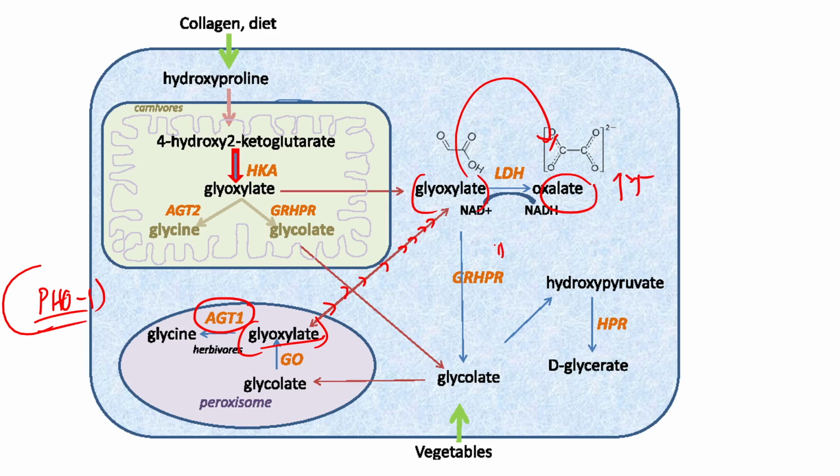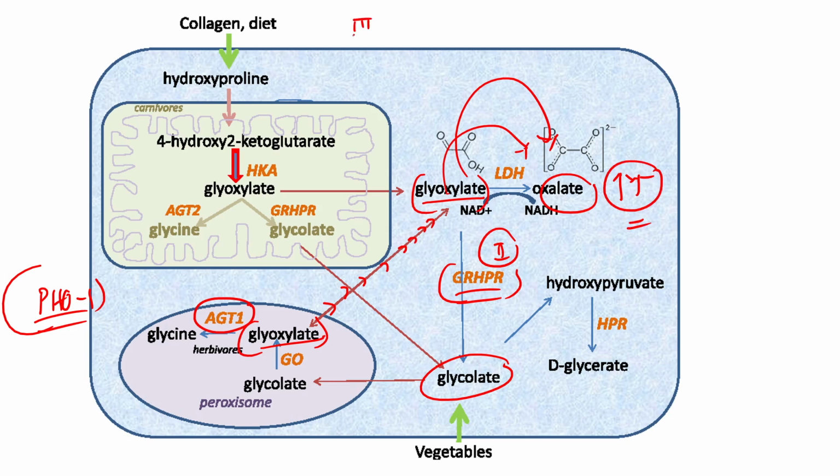Now, type 2 hyperoxaluria means this enzyme is deficient. It is not able to convert glyoxylate into glycolate. Again, glyoxylate can become oxalic acid. Oxalic acid concentration increases. Now, I told you, in type 3 primary hyperoxaluria, there is a mutation that causes an increase in the enzyme activity, and that enzyme will be HOGA.